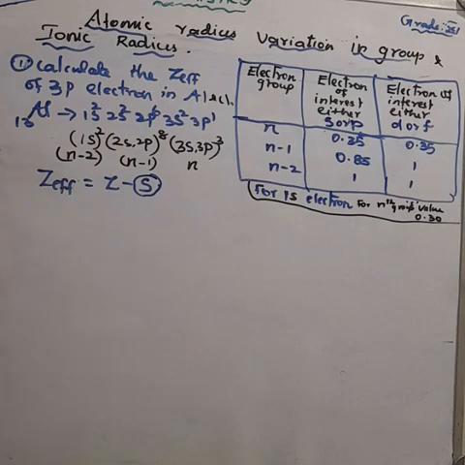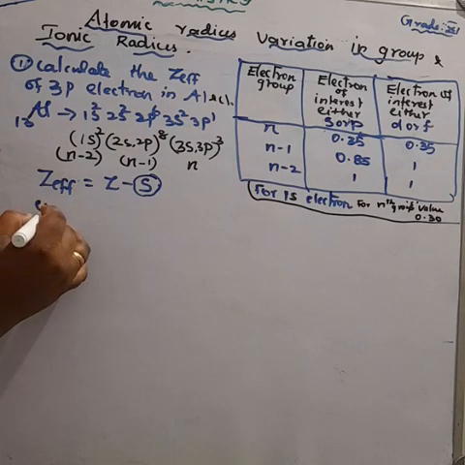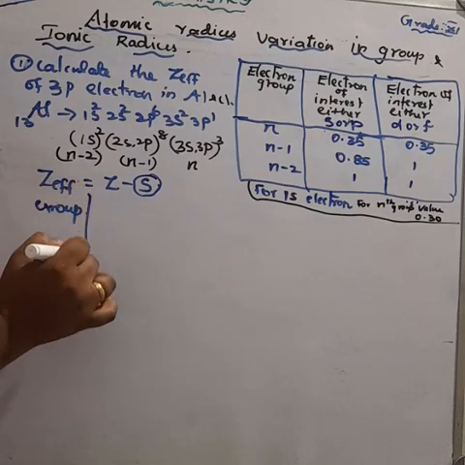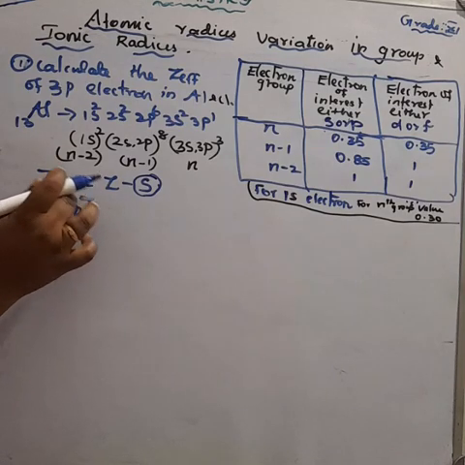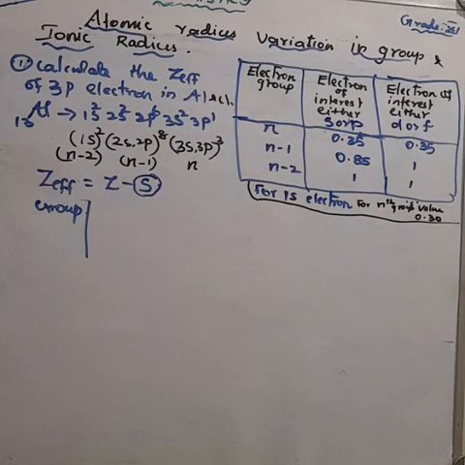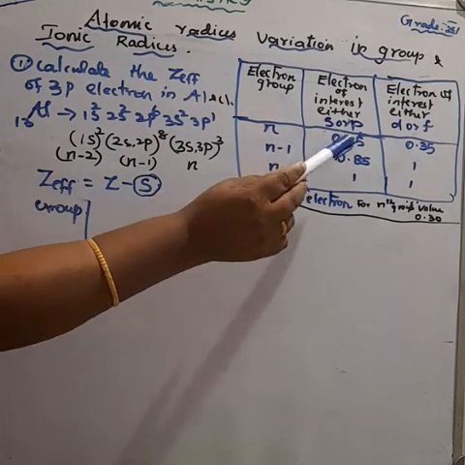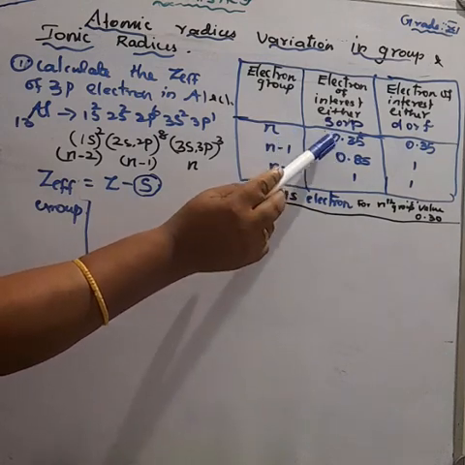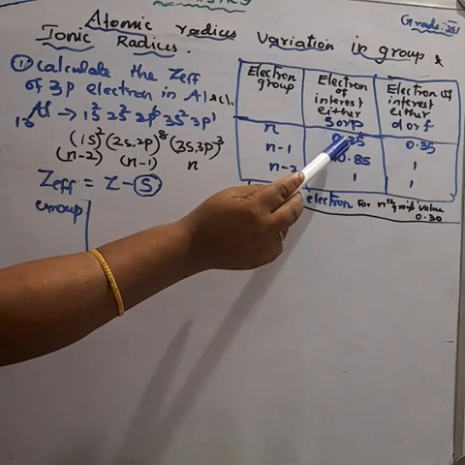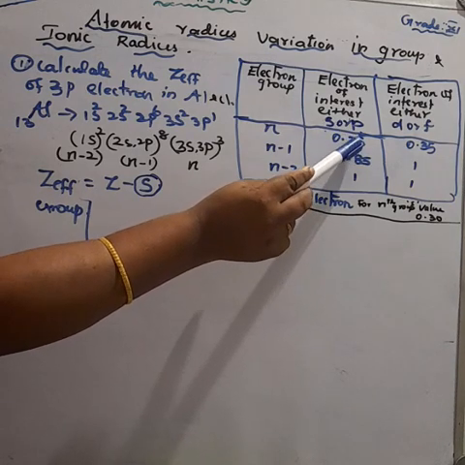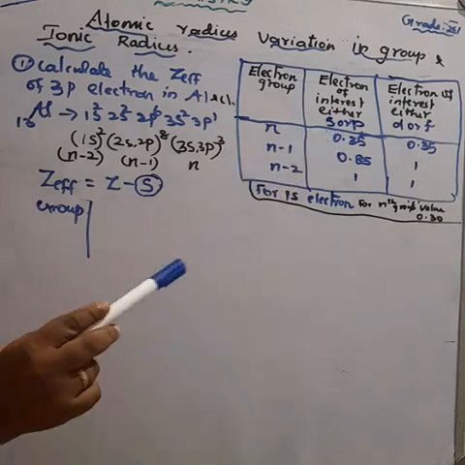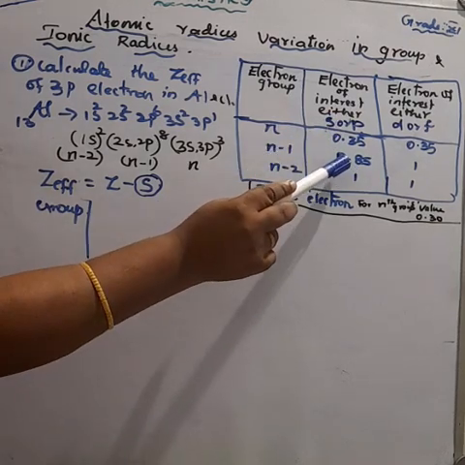For that, certain constant values are given for S. If you are calculating for s and p group electrons, what is the value for the nth group? 0.35 for all electrons in the nth group. And for the n minus 1 group, what is the value? 0.85.